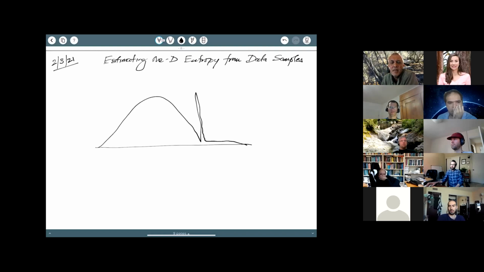Now, when I sample points, it's going to be very, very difficult to get a sample that falls in that little spike. So the number of samples I would need to be able to do that accurately is going to be extremely large.